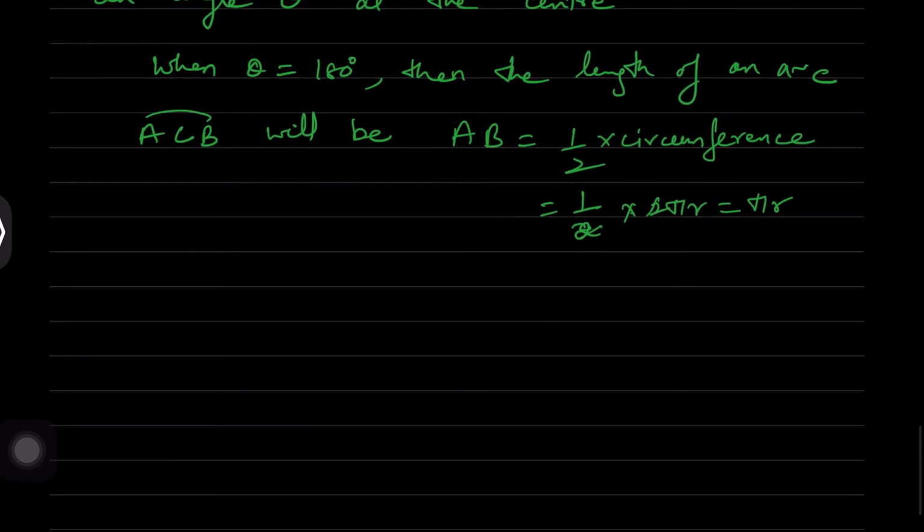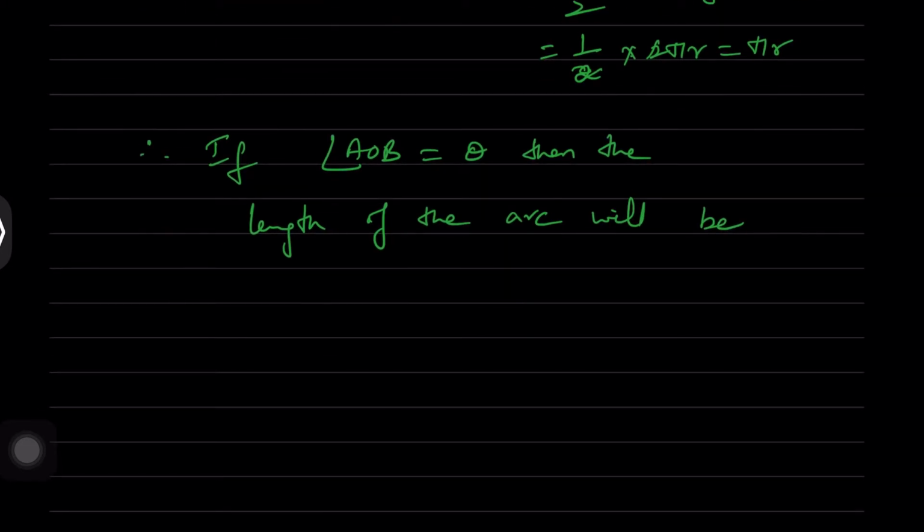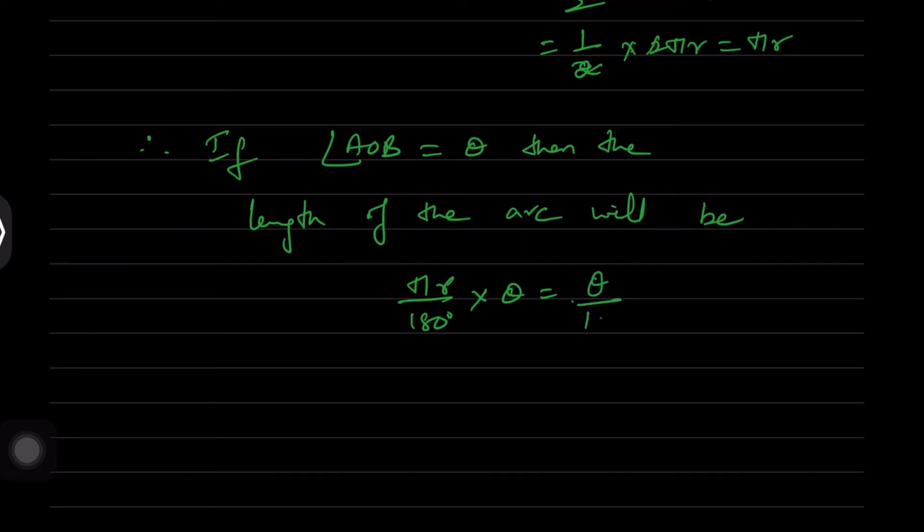Therefore, if angle AOB is equal to theta, then the length of the arc will be, and this is important, pi r by 180 into theta, or you can write this as theta by 180 into pi r, which is equal to theta by 360 into 2 pi r.